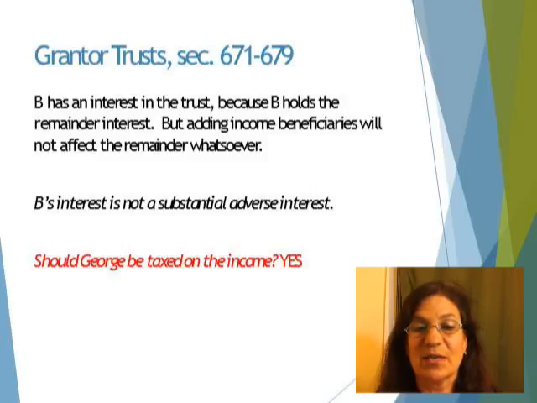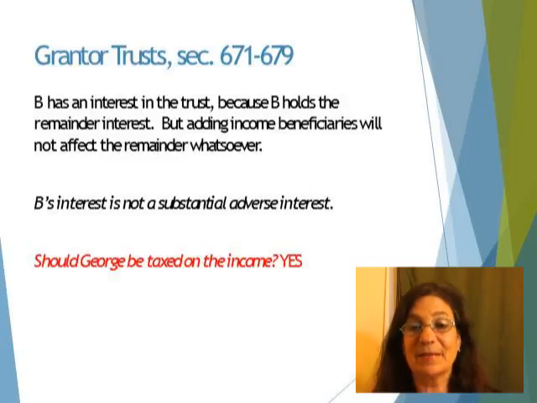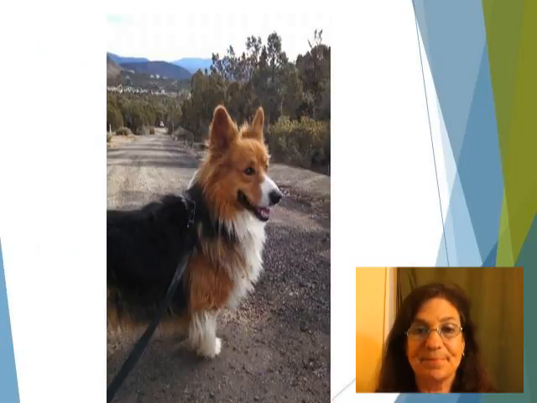B has no reason to give a hoot. And so essentially B, we could expect, would probably just go along with what George wants. B's interest is not a substantial adverse interest. And so should George be taxed on the income? Yes, George still has control of the income all by himself.